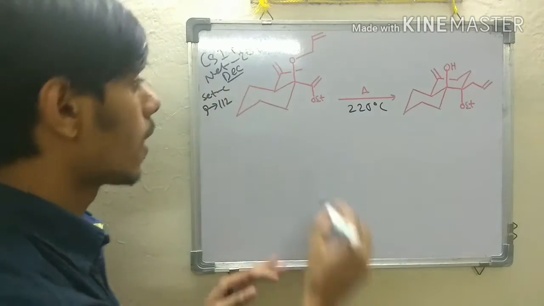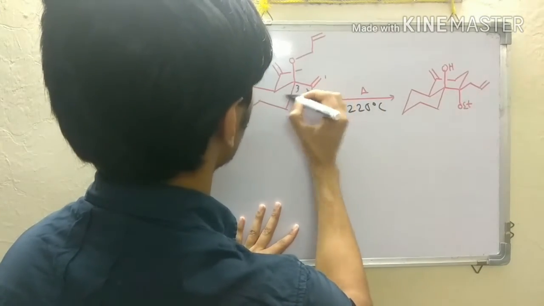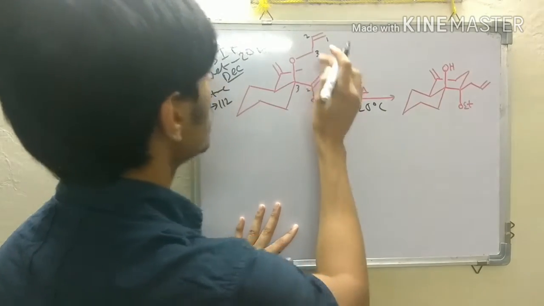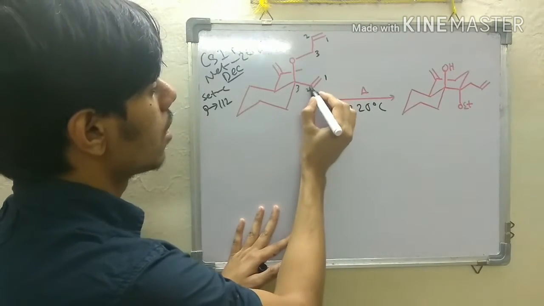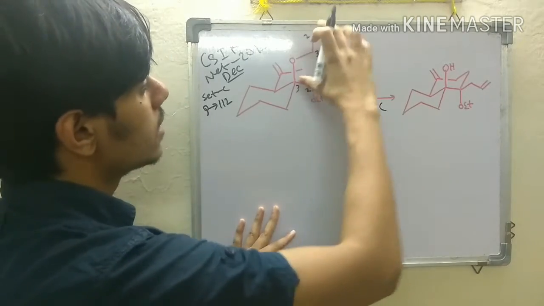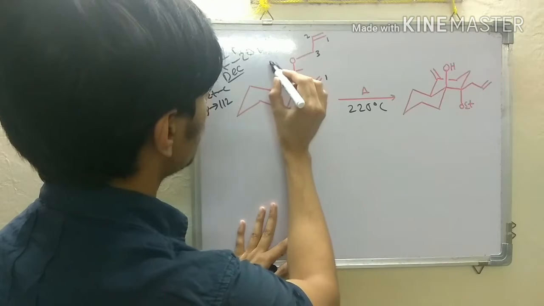So let us number. You can number like 1, 2, 3, and then from 1, 2, 3. See, there is no direct relation between these 3,3 numberings. There is an oxygen atom here, so these two segments are not related by a 3,3 relationship. Now let us number this one also.